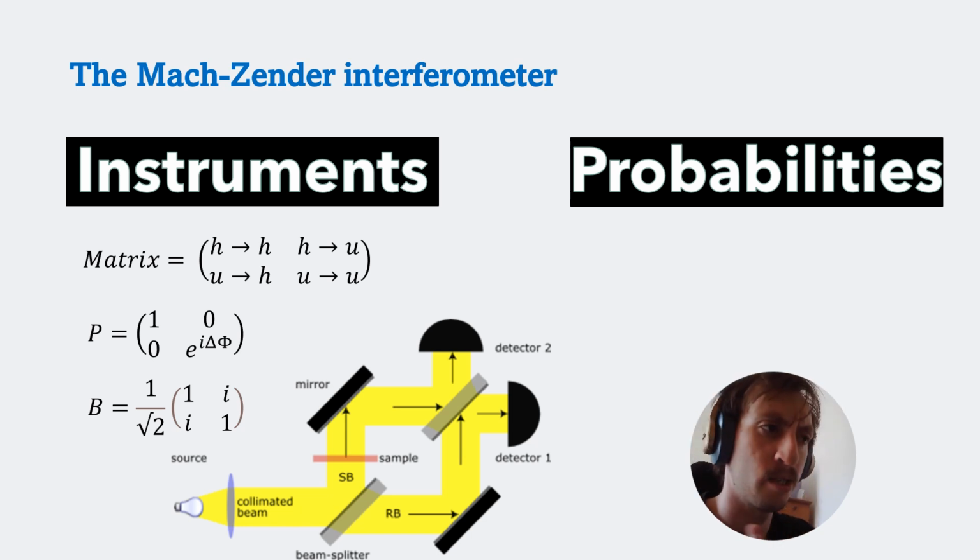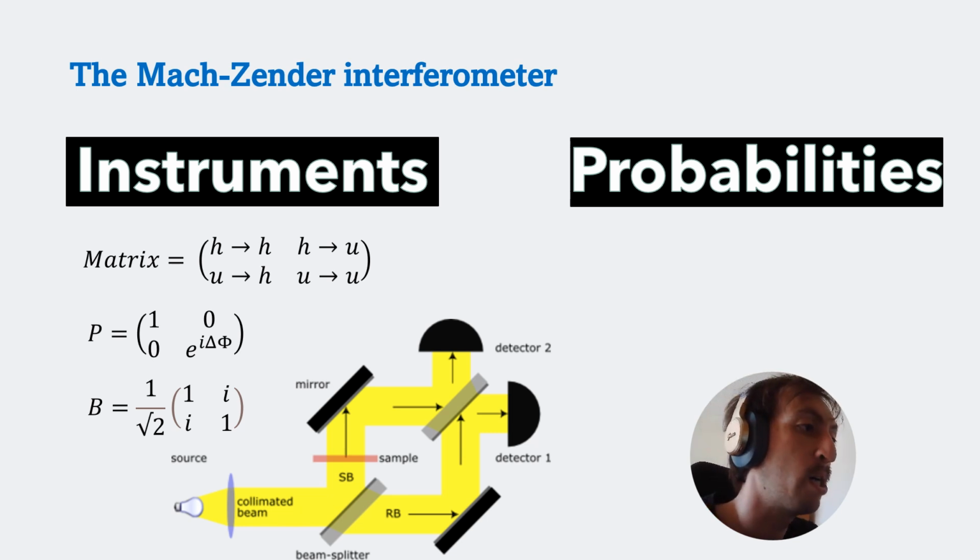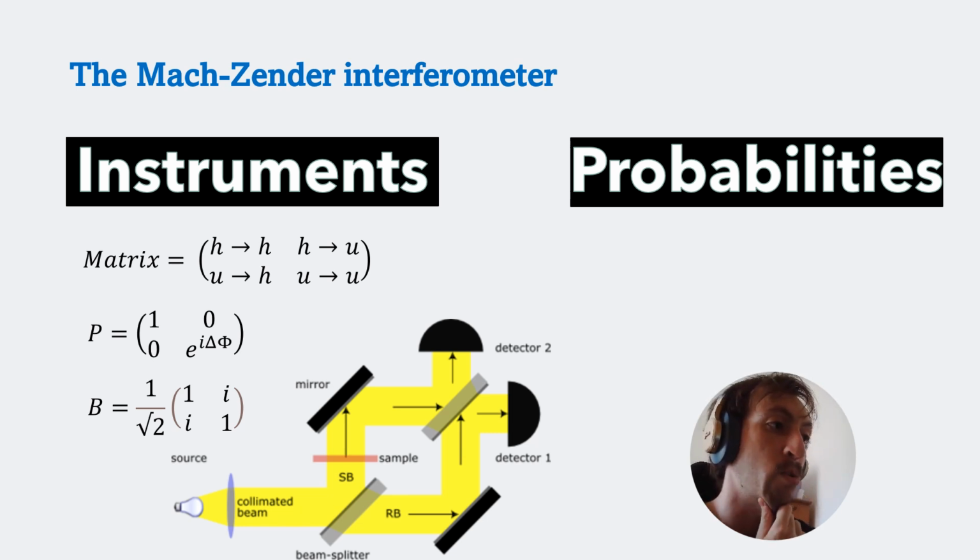And to be consistent with our phase shift matrix for the sample, where we said that the phase shift was given by e to the i delta phi, if the phase shift is pi by 2 radians, then the matrix element we want is e to the i pi by 2, and that is indeed the imaginary number i. So the off-diagonal components of our matrix for our beam splitter are going to be i.